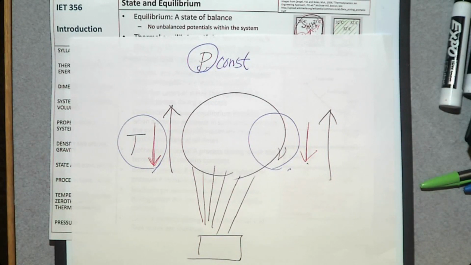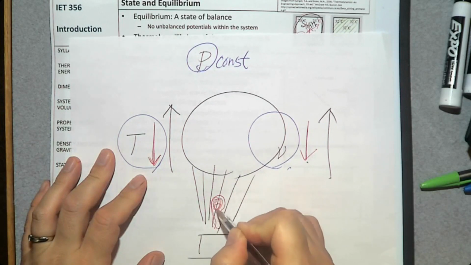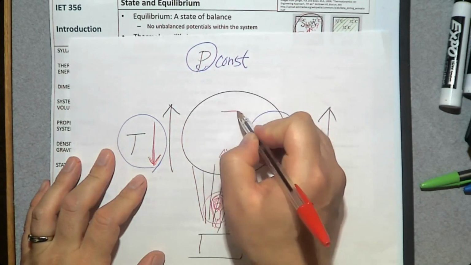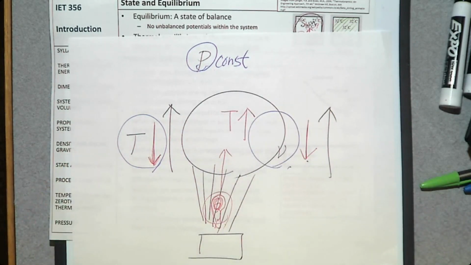So they have a burner here, and what it does is increase the temperature of the air inside, right? What happens to the air when temperature goes up? Assuming pressure remains constant, its volume goes up, meaning its density goes down. The air inside becomes lighter. That's how this one moves upward, right? So when temperature goes up, as long as pressure remains constant, volume goes up, which means that density goes down.